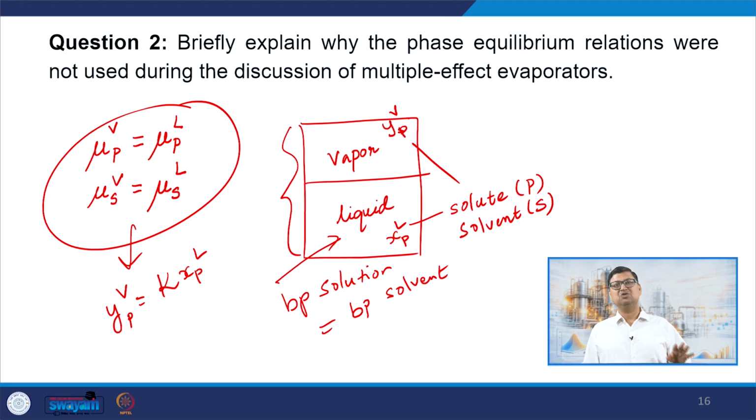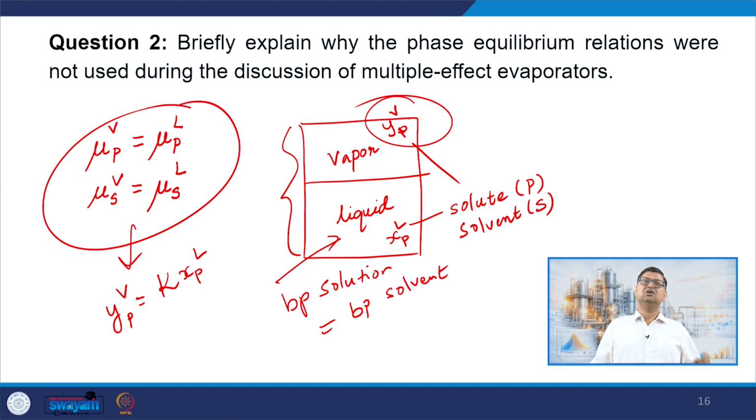But we are not using them in the case of evaporators because we are assuming complete, 100% separation, and at least in this case, we are also ignoring the effect of boiling point elevation, which can, however, be accounted for by using, let's say, Duhring lines and enthalpy concentration charts. So that can still be taken care of. But the fact that we have not assumed any solute in the vapor is a serious assumption.